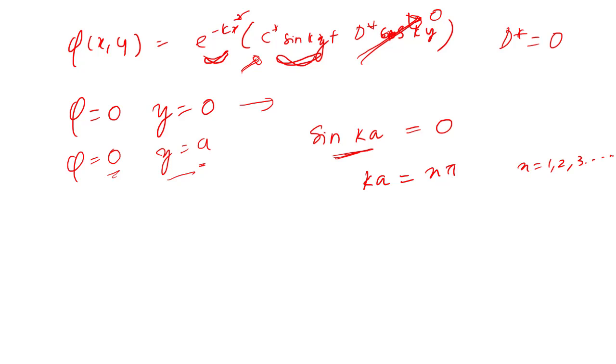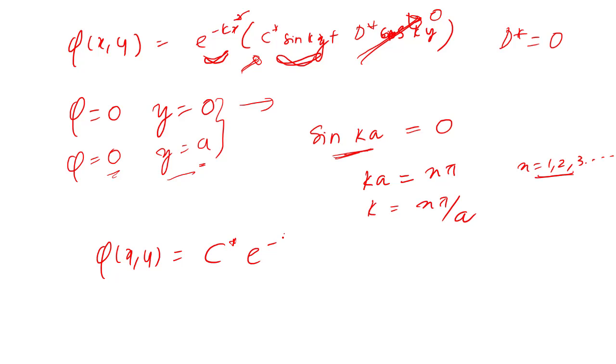So k should be equal to n pi by a, where n goes from 1 to 3. That's what these two boundary conditions would yield. So we would have phi of xy to be some c star times e to the power minus kx sine ky, where k is equal to n pi by a, and n goes from 1 to 3, and so forth.